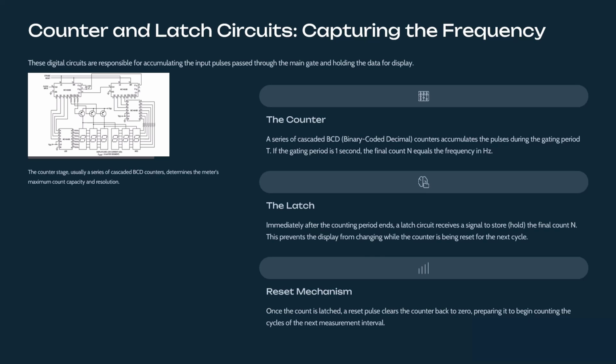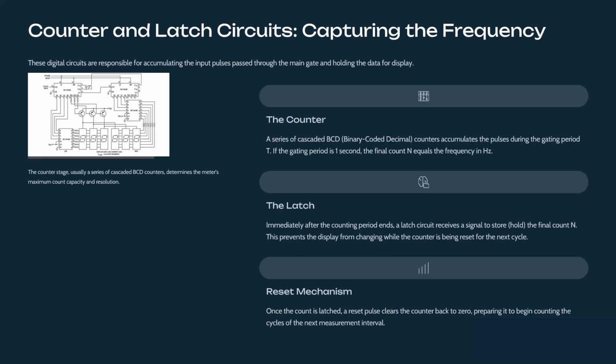Here, the counter and latch circuit. These digital circuits are responsible for accumulating the input pulses passed through the main gate and holding the data for display. The counter, a series of cascaded BCD, that is binary coded decimal, counters, accumulates the pulses during the gating period.